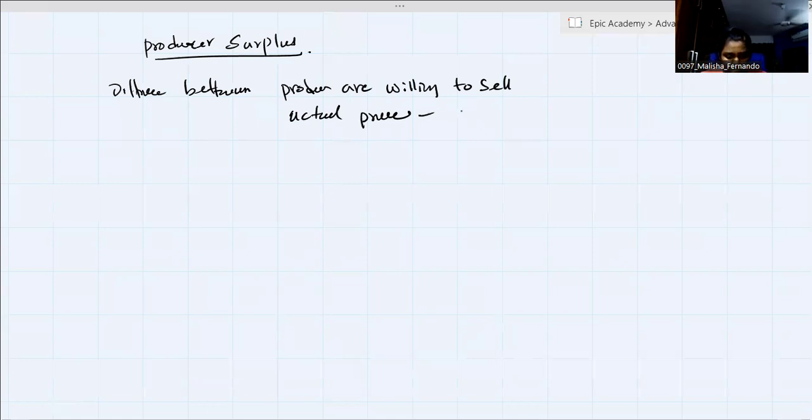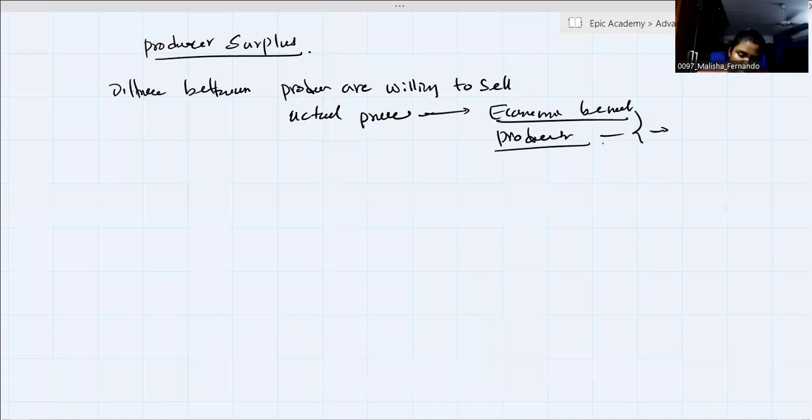It represents the economic benefit of the producer. We call it producer surplus. I will describe this situation by using an example.